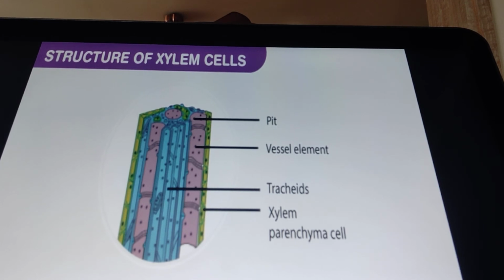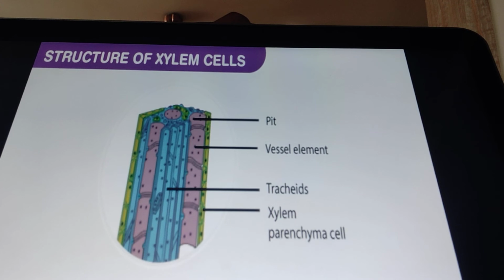As I have already told you, children, tracheids have both ends tapering and a thick wall due to the deposition of lignin. But at certain spots, if lignin is not present, then these spots are termed pits. I repeat again, at certain spots, if lignin is not present, then we term them pits.